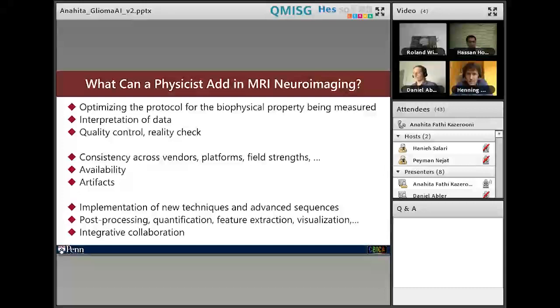So in general, what can a physicist add in MRI neuroimaging?